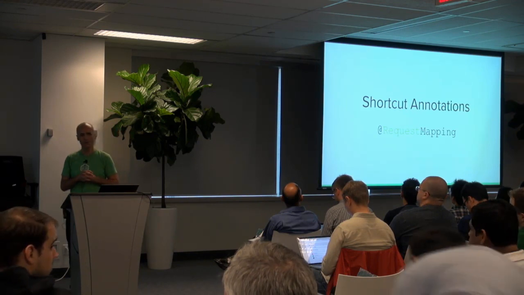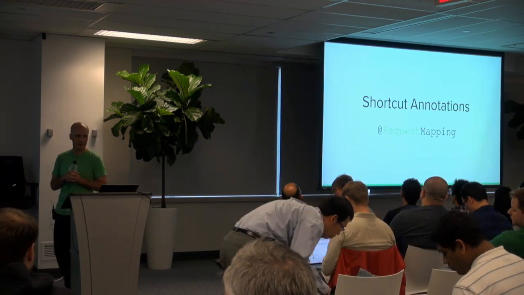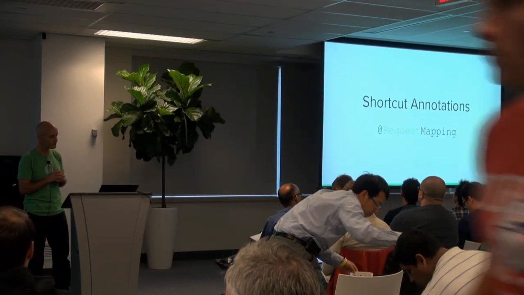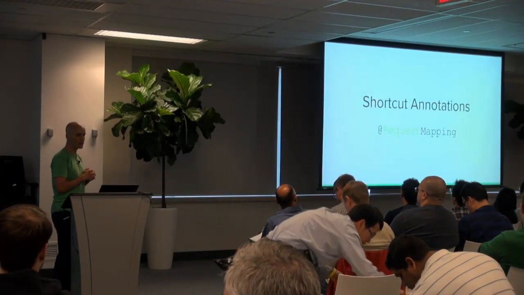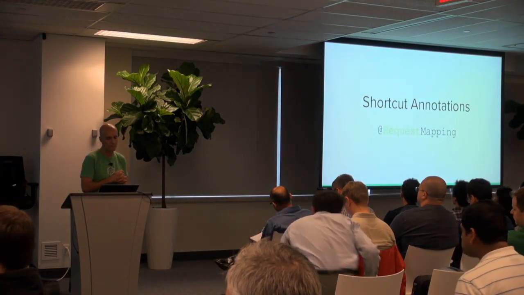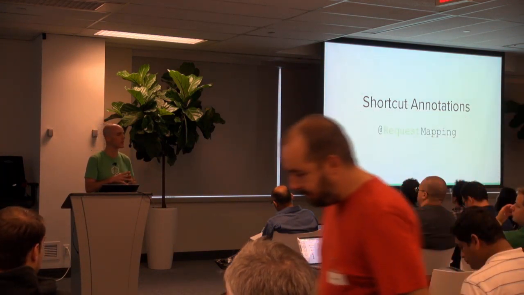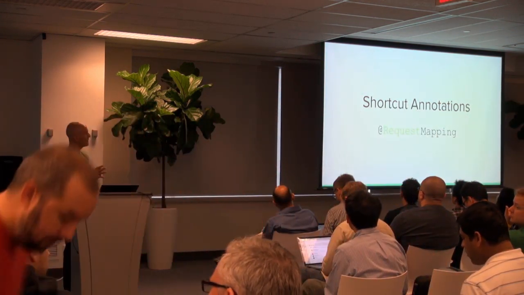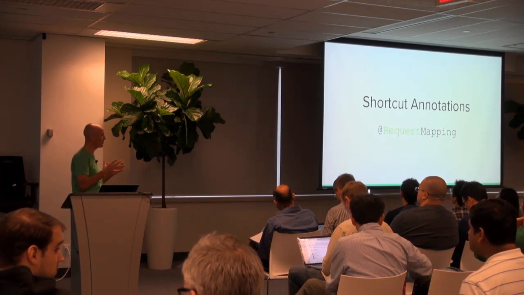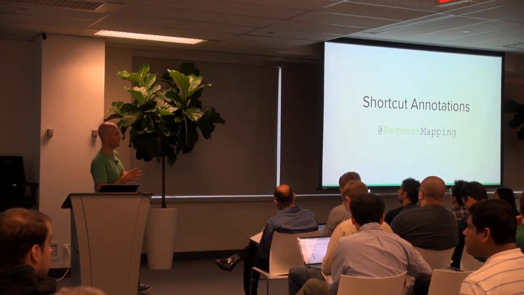So what are some of the new features that we have in Spring MVC 4.3? First of all, probably all of you know the request mapping annotation.